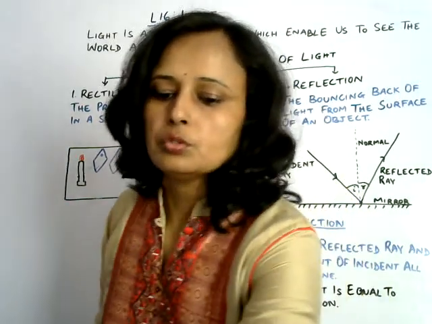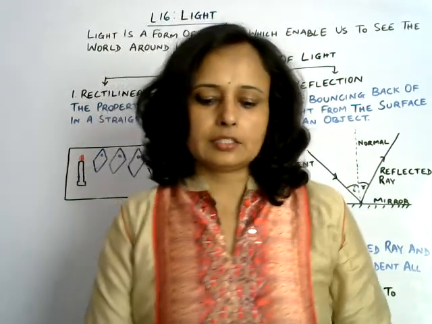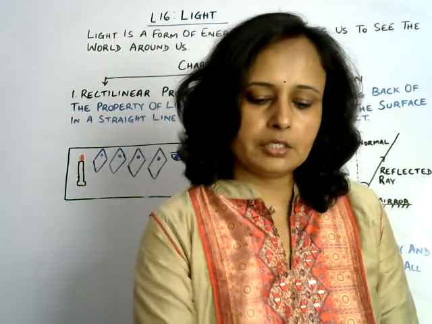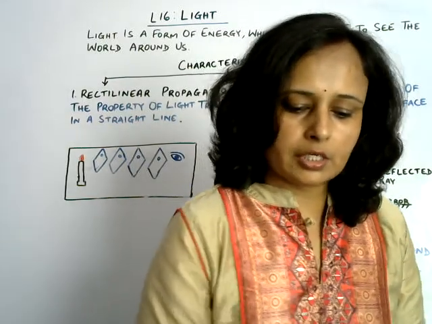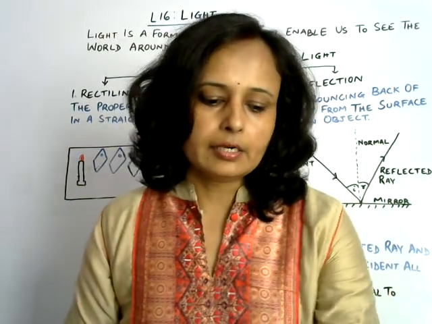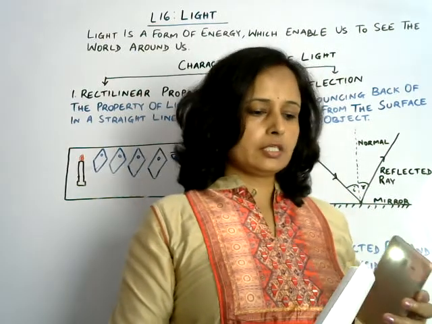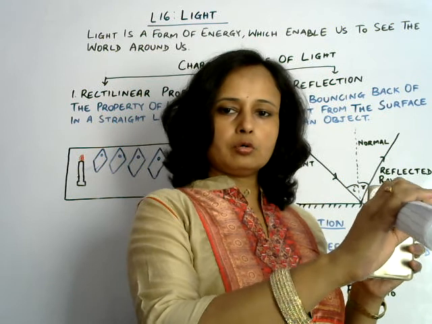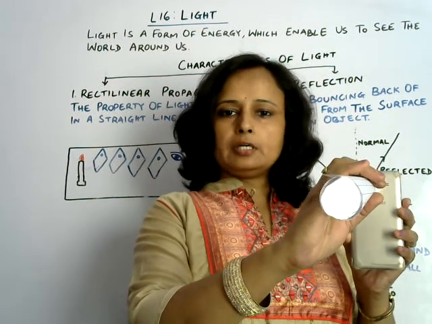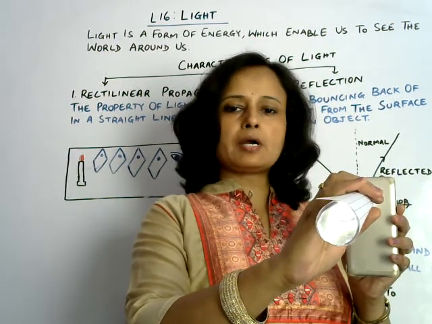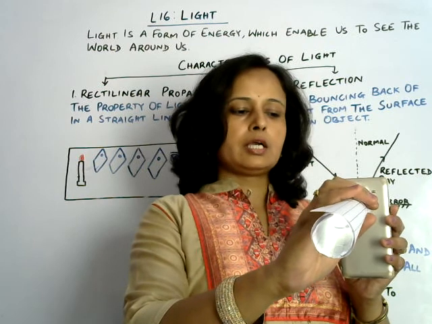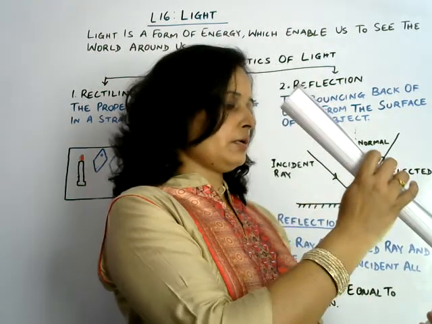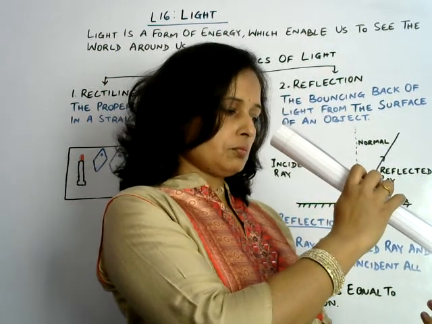I can show the same through an activity. For that I have made a tube-like structure from paper, and now I am trying to shine this torch light onto the flame. So what is happening here? Light is traveling through this pipe, so light can come to the source. If I try, it can come to my eyes.